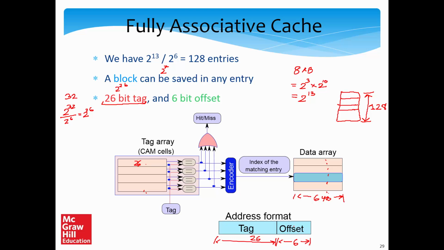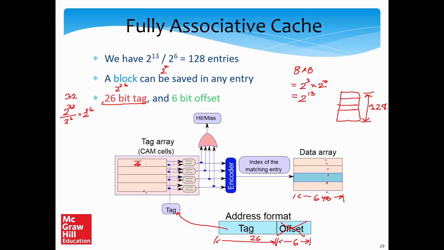So these lower 6 bits we will ignore. We'll take the upper 26 bits, which is the tag, and compare them with each of the entries of the tag array. With every single entry of the tag array, we compare the more significant 26 bits of the address to find out if there is a match.